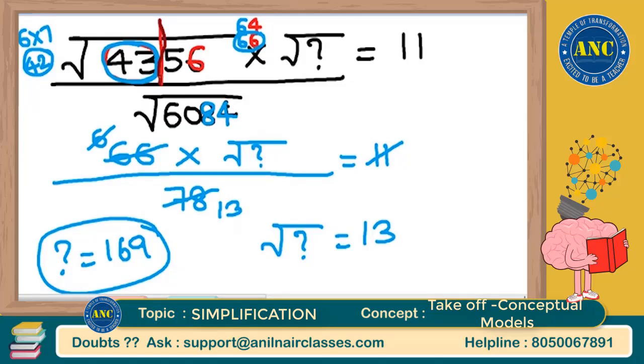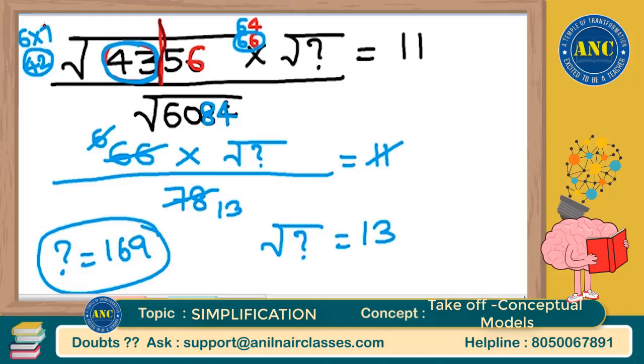I cannot explain beyond this statement. I believe that you are clear how the answer is 169 for this question. Very easy once you understand it. I hope the idea is clear.